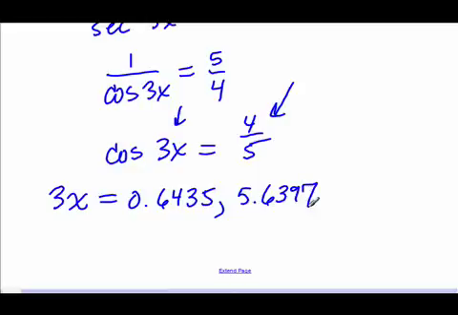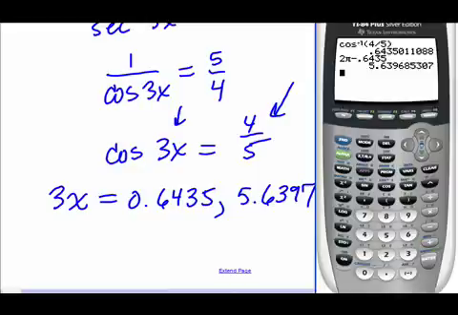There's the quadrant 1 and the quadrant 4 angle first time around.